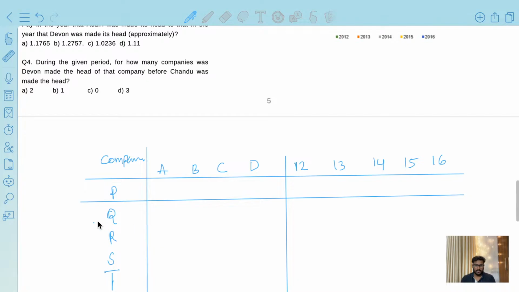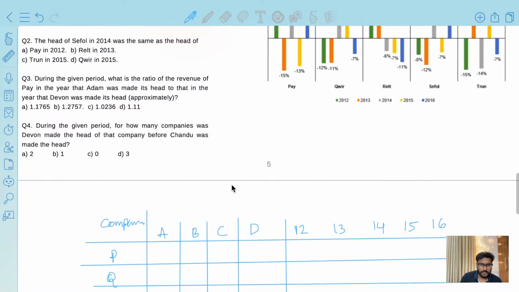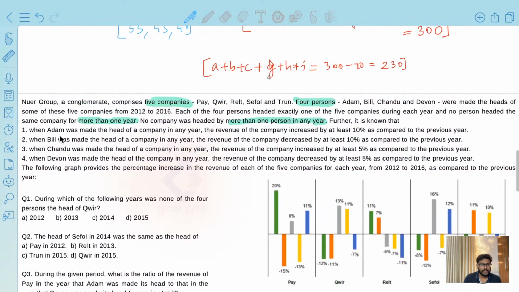Let's see, what A are we talking about? A. When A was made the head of a company in any year, the revenue of the company increased by at least 10% as compared to the previous year.